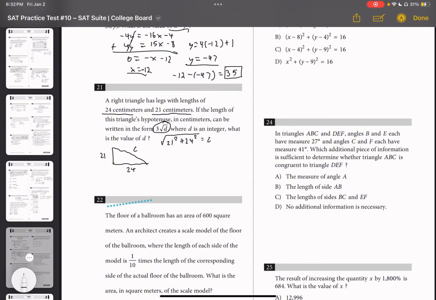So c is going to be equal to the square root of... I'm not going to simplify it fully, but I am going to square both of the numbers, and that will give us 1017.